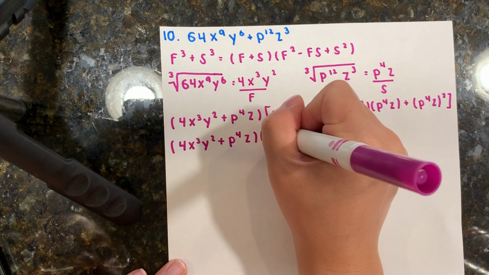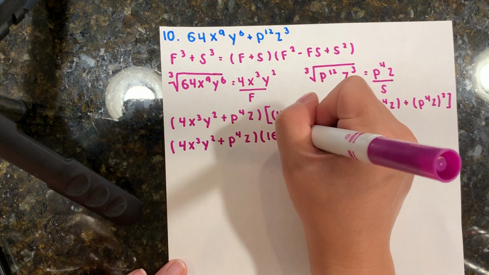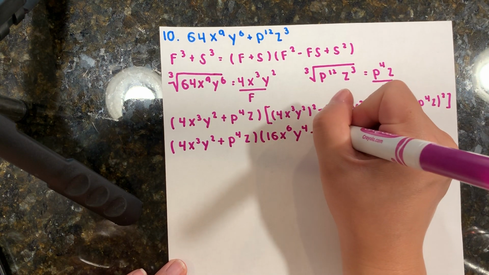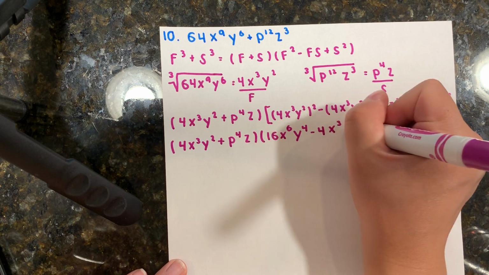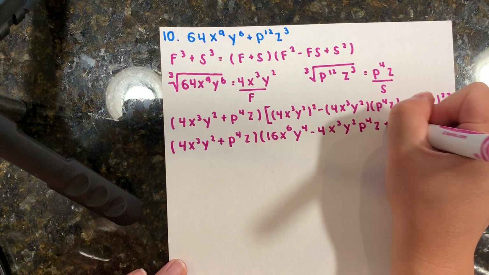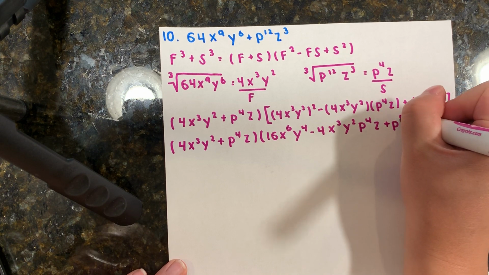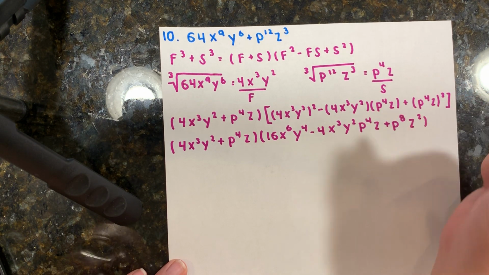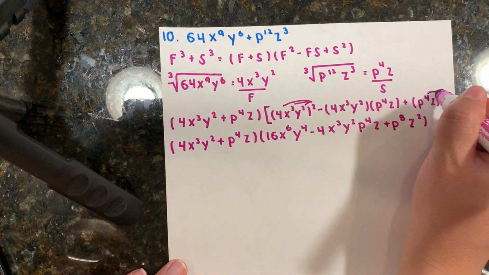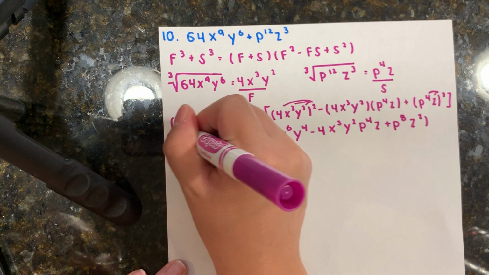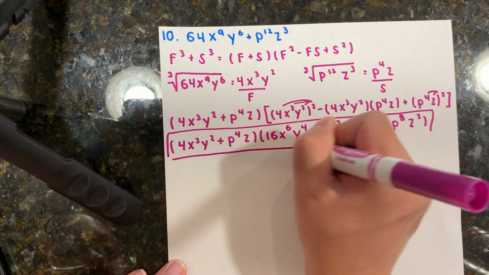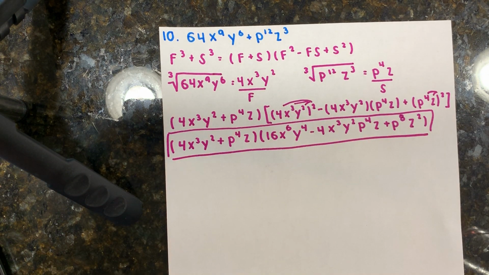Then I'm going to have 16 x to the 6th, y to the 4th, minus 4 x to the 3rd, y to the 2nd, p to the 4th, z, plus p to the 8th, z squared. So all I did was distribute the power. And that is your answer for number 10.